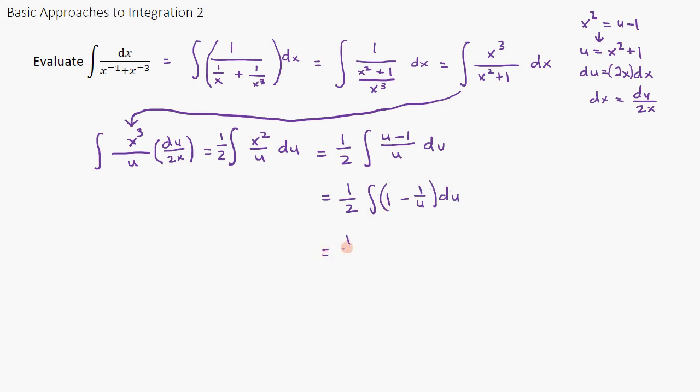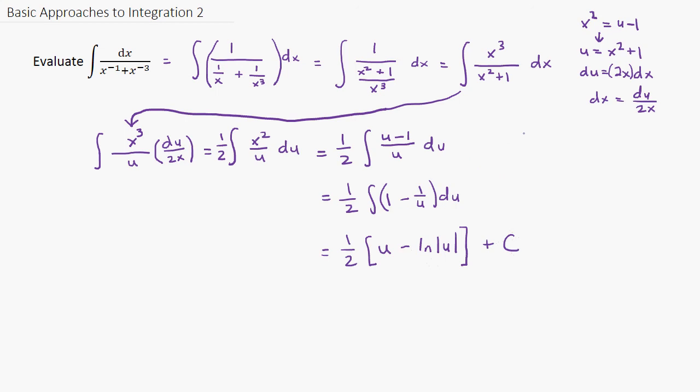Now the antiderivative: the antiderivative of 1 is u. The antiderivative of 1 over u is the natural logarithm. Because we're finding antiderivatives, there's a constant at the end.